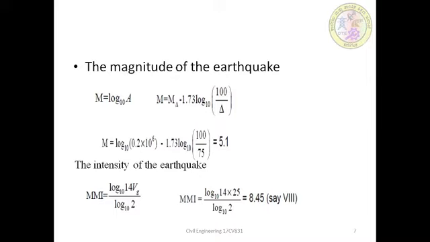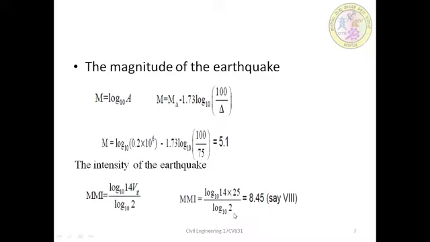So for intensity, there is again an equation, the modified Mercalli equation, MMI. It is log of 10 of 14 Vg divided by log of 2. Here Vg is the given data of the velocity of the ground. So 25 is there, you just substitute as it is, so that in this equation we'll get 8.45.